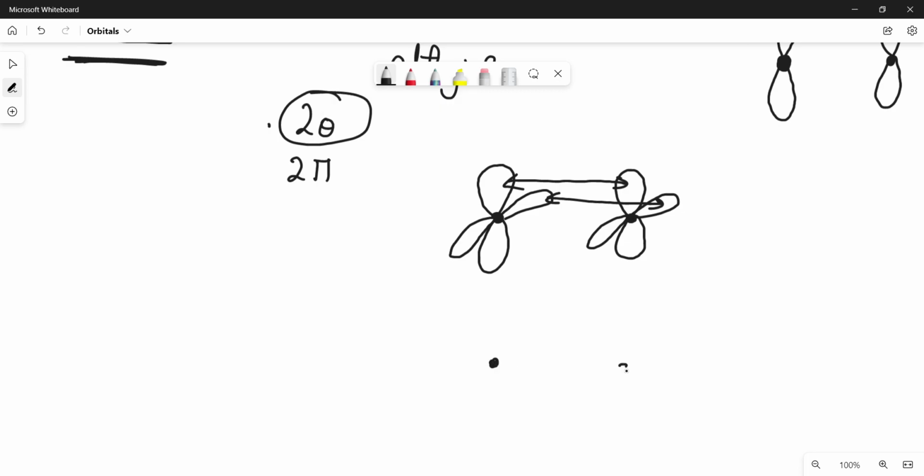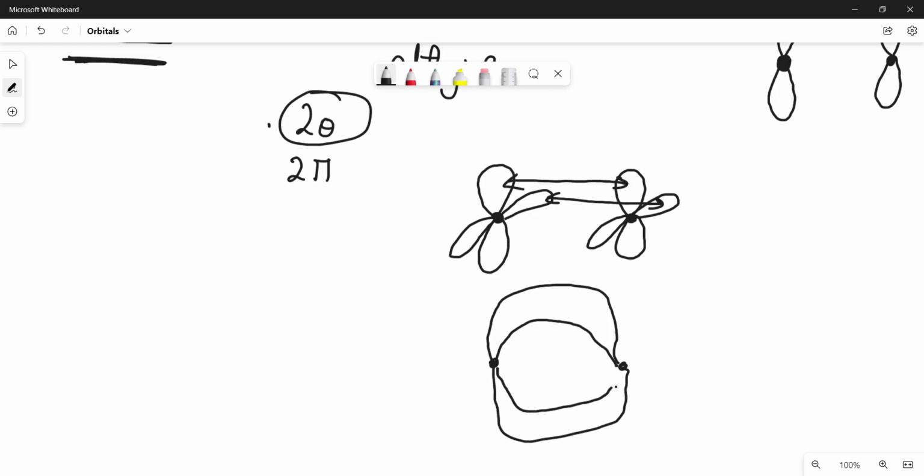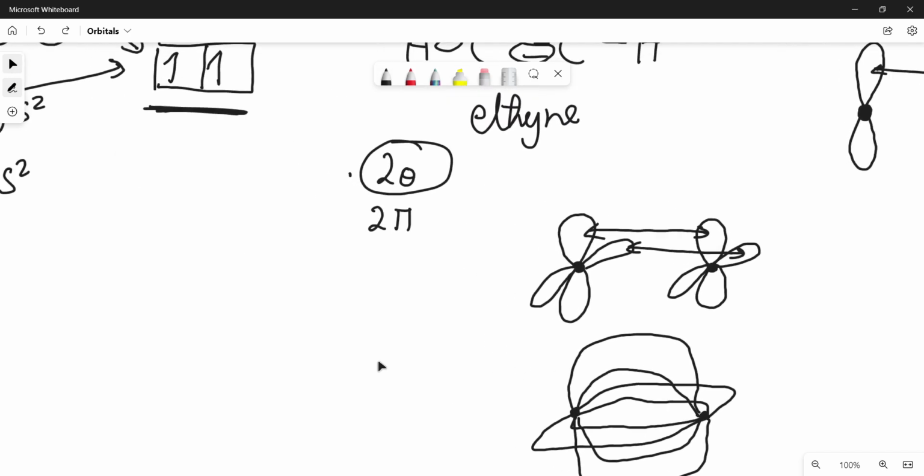I hope I can draw this. So it goes like this, like this, like this, and like this. And for the side one, it's a little bit more complicated, but should be fine. Like that, like that, and like that, and like that. If you guys can visualize that, it's kind of 90 degrees to the first plane from here to here. And yeah, that's pretty much it. That's how the lateral combinations work.